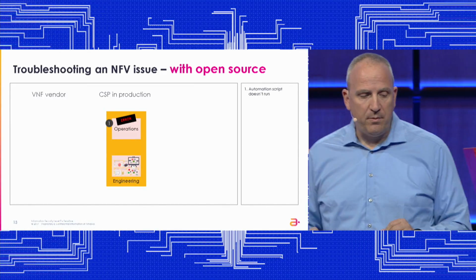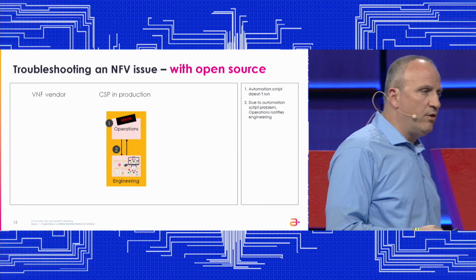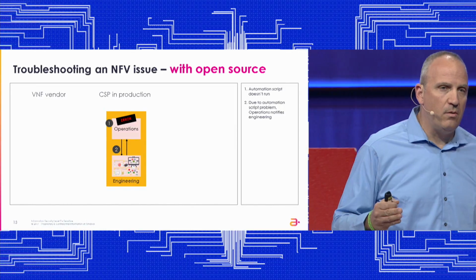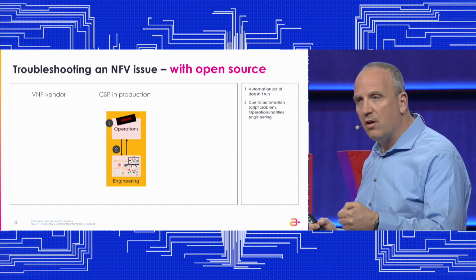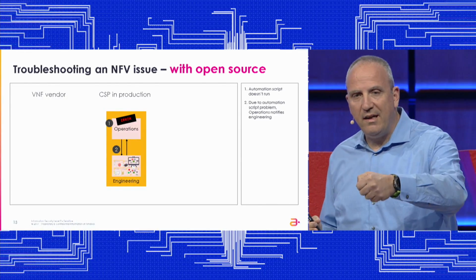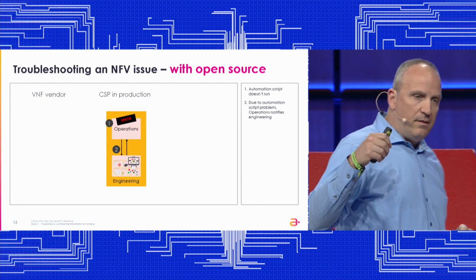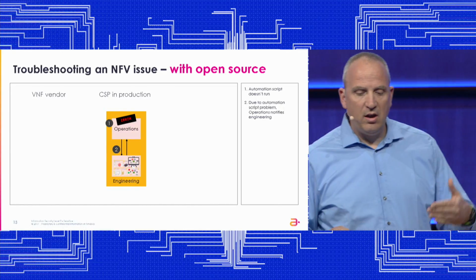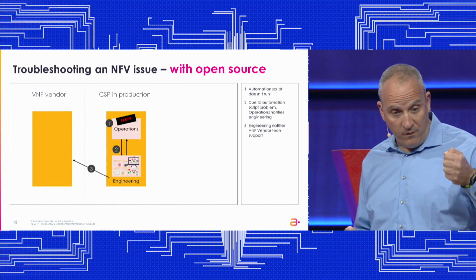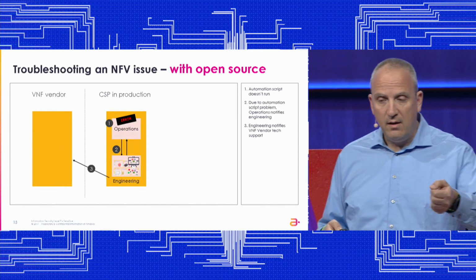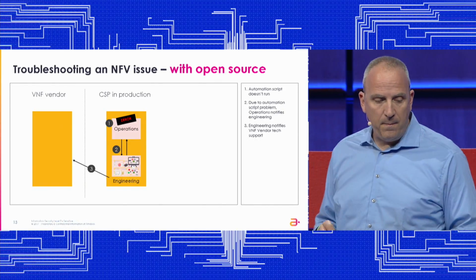Same problem goes with operation. They go to operation, the guys in a phone company that are in charge of making things work. They see a problem, they go to engineering. Engineering goes to the vendor of the application, the router.